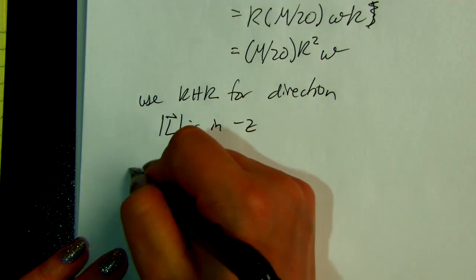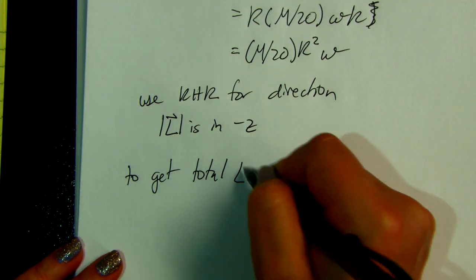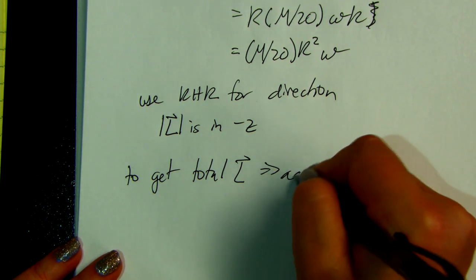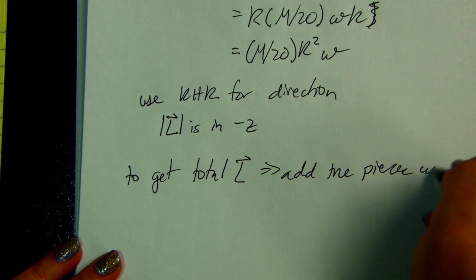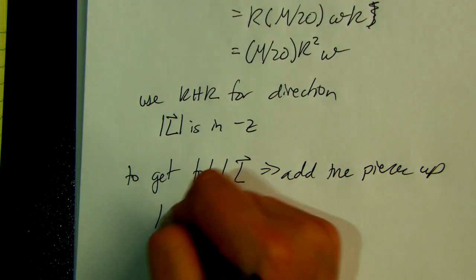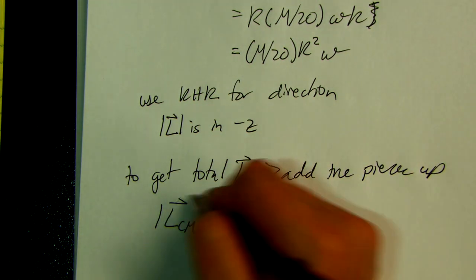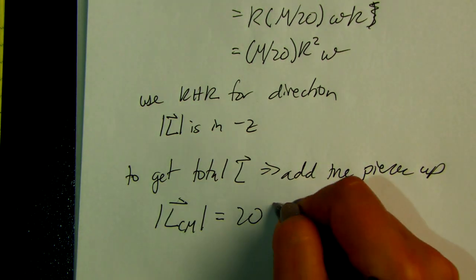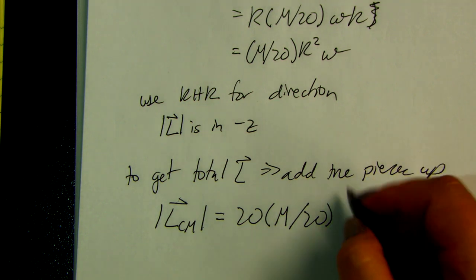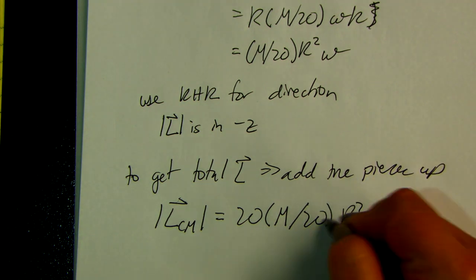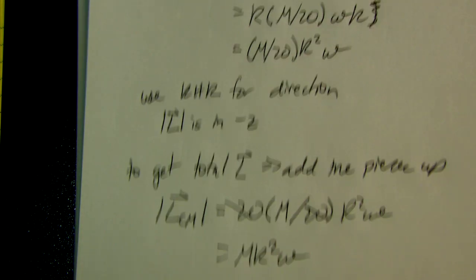And to get the total L, we need to add the pieces up. So the angular momentum about the center of mass is equal to 20 times m/20 r squared omega, which is m r squared omega.